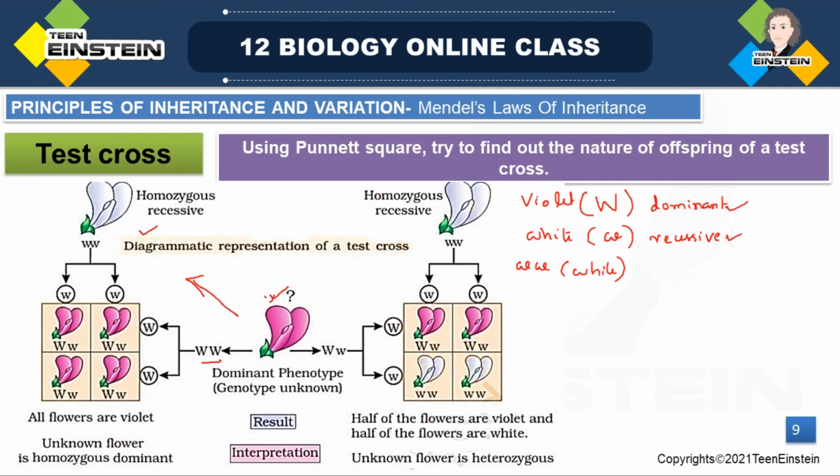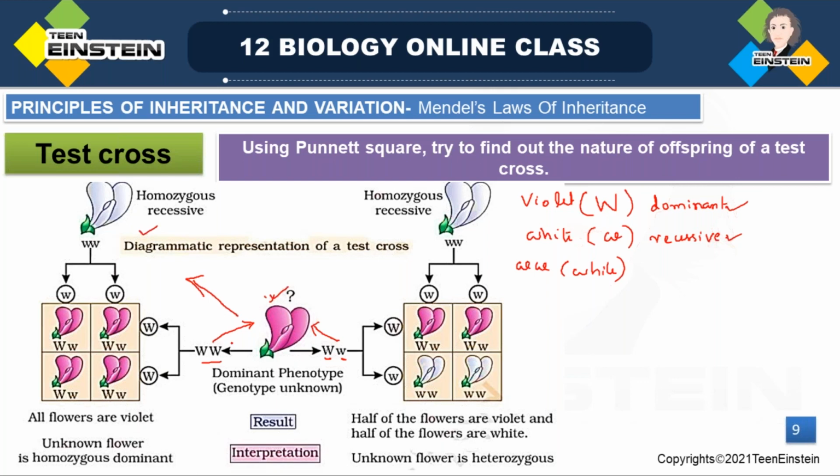If both the alleles are dominant, then it will show violet flower. And if one allele for the violet color is dominant, then also it will show violet color. So these are the possible combinations, and now we need to fix which one it is. These are the two possible genotypes of a violet color flower.